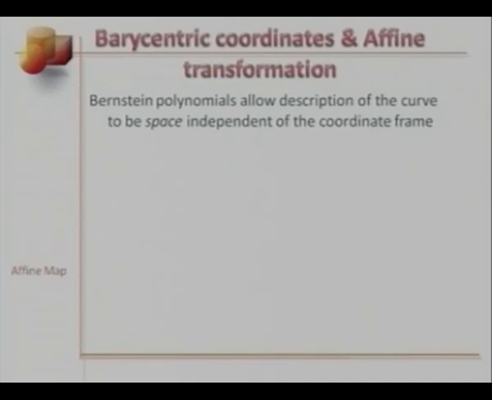First, what is an affine map? An affine map is of the type y equals Ax plus t. x would be the Cartesian vector of a point, A is the transformation matrix, and t is the translation vector. y is the Cartesian vector of the result.